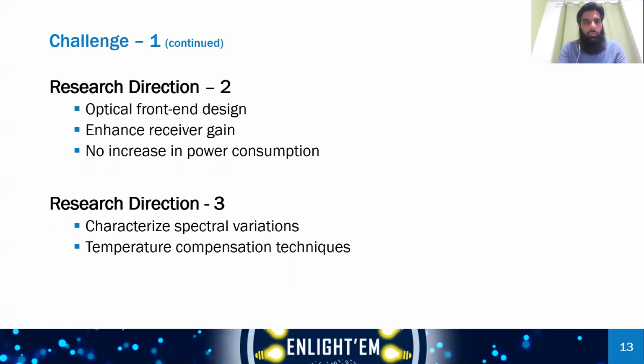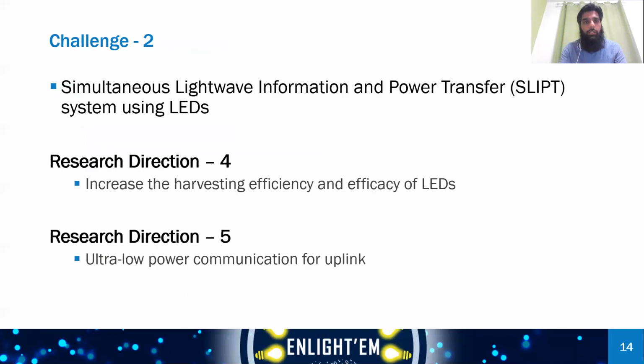The third research direction could be to characterize the spectral variations due to temperature change, and we can have some temperature compensation techniques on the transmitter or receiver side. The second challenge is how we can harvest energy from the LEDs, SLIPT, which is a simultaneous lightwave information and power transfer system using LEDs. In the last decade, there are some works in which they use LEDs for harvesting power.